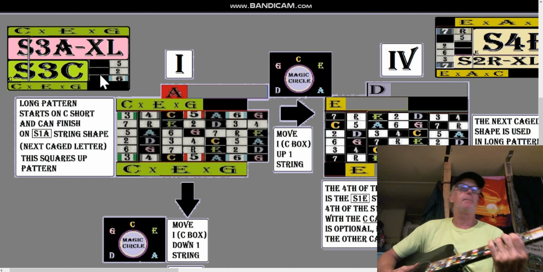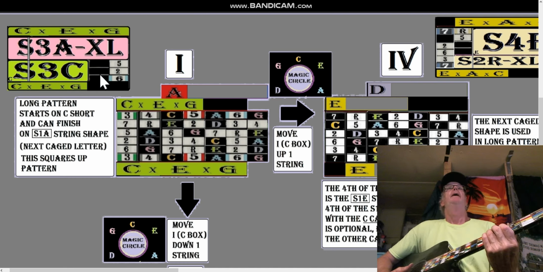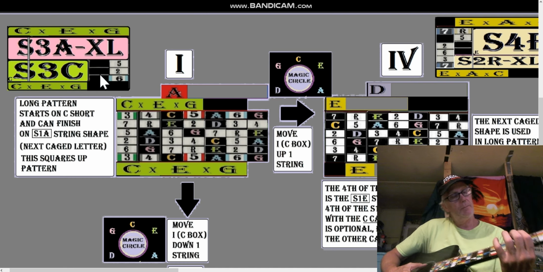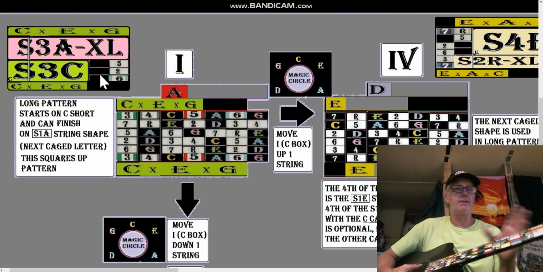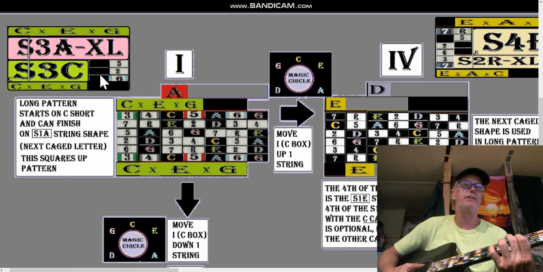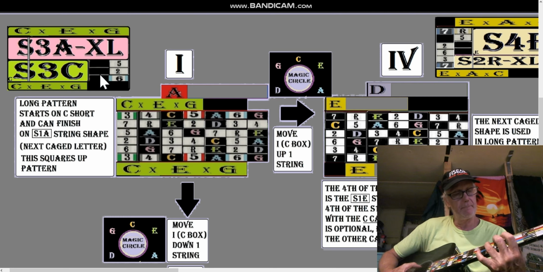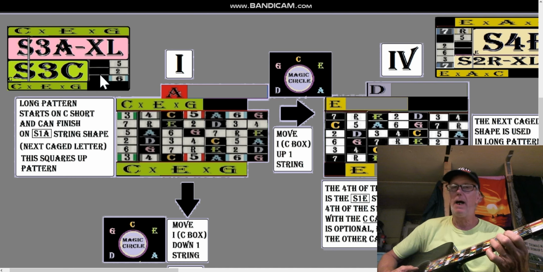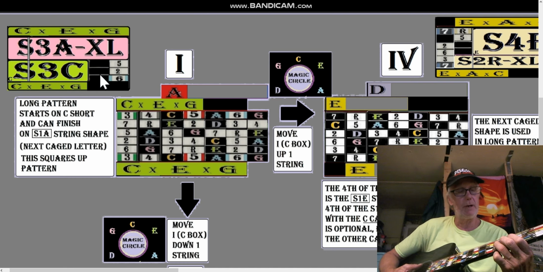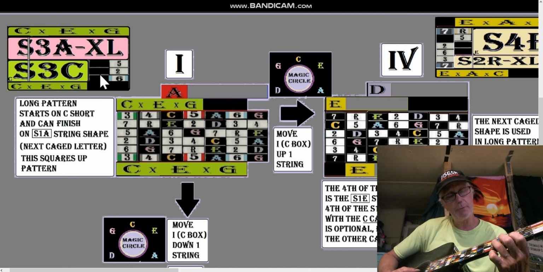But can I do that pentatonically? Yes. Here's how I'm going to think it. I'm going to start with a C pentatonic. I know that. I don't have to worry about what I'm playing. Then just do a pentatonic S3XL with a warp in the middle.